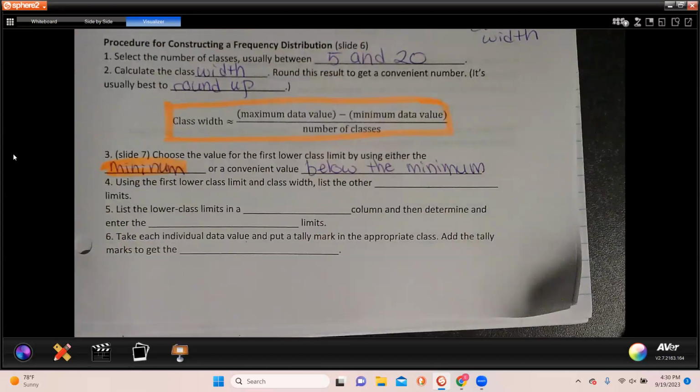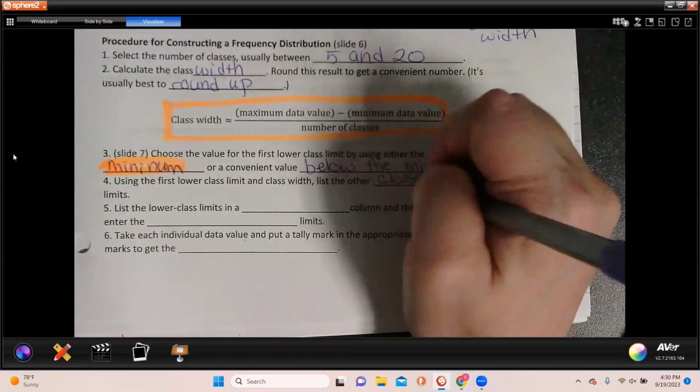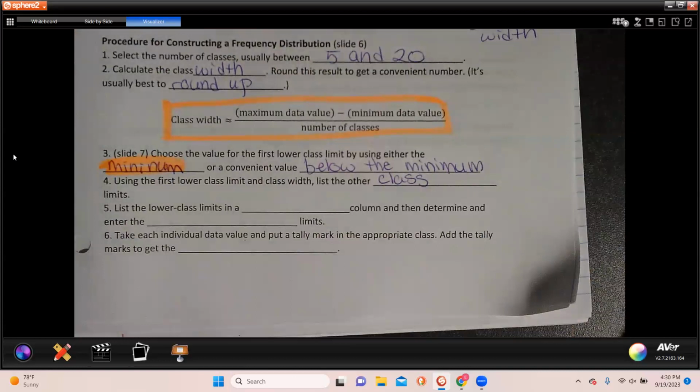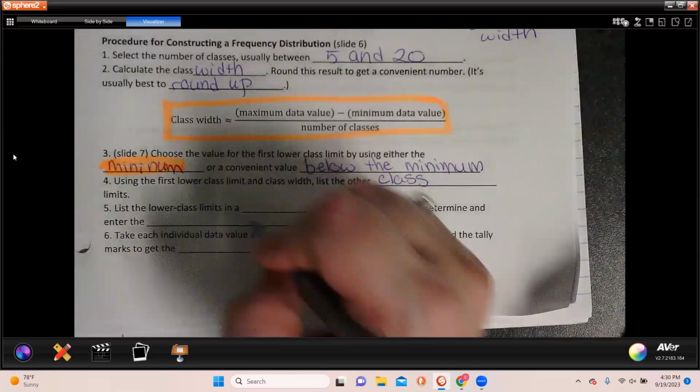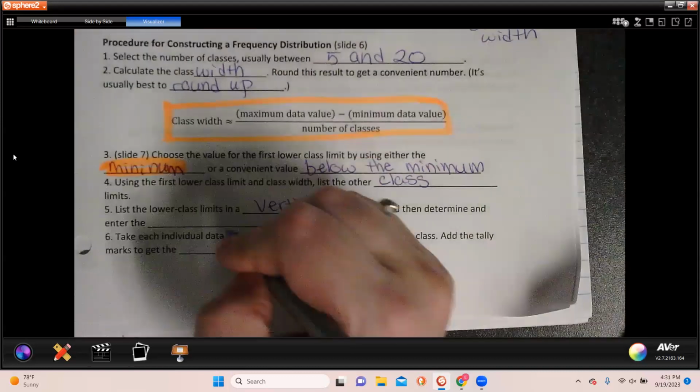Okay, so using the first lower class limit and the class width, we will list the other class limits. Once we list the lower class limits in a vertical column, then we will list the upper class limits.